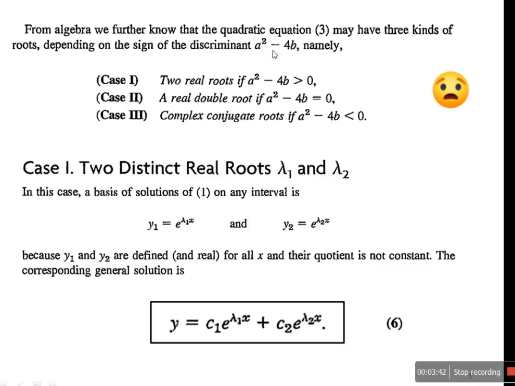Discriminant a square minus 4b: if this value is more than 0, I call it case 1. If a square minus 4b is equal to 0, I have case 2. If a square minus 4b is less than 0, I have case 3.